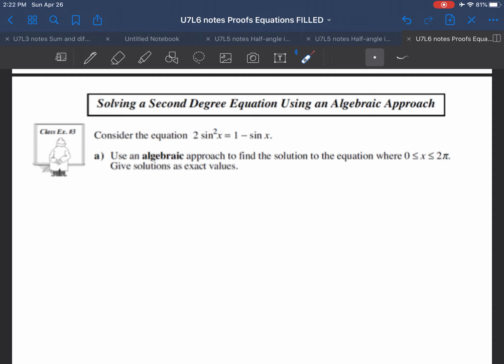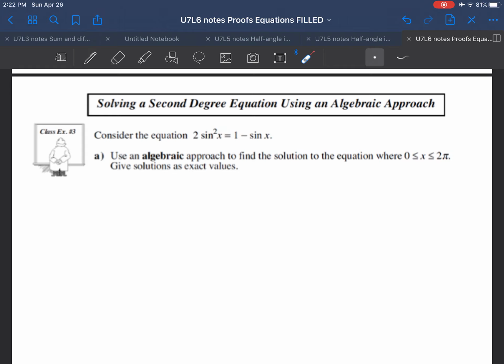Okay, so page 2 here. Solving a second degree equation using an algebraic approach. So we're going to do this purely algebraically. Our equation is 2 sine squared x equals 1 minus sine x. Like I said before, use an algebraic approach, and here we have a limited amount of values of x that we want to look at.